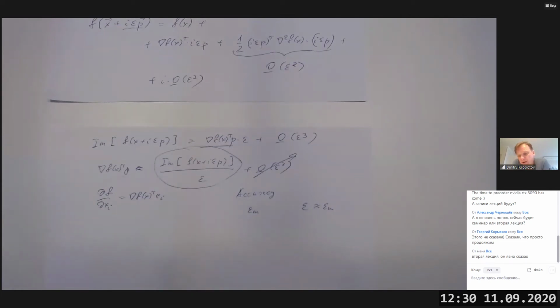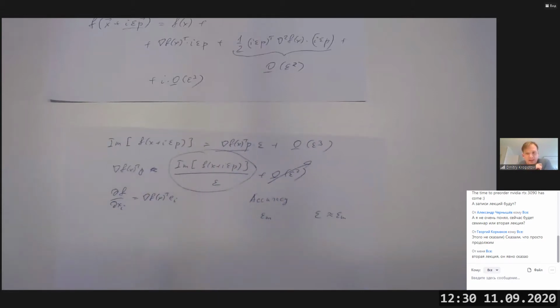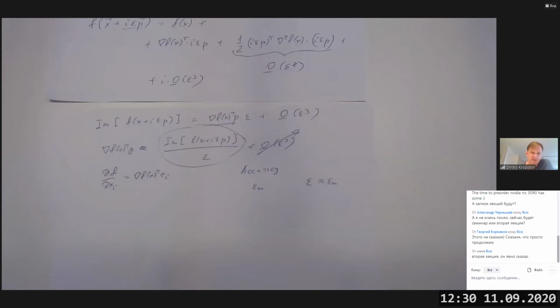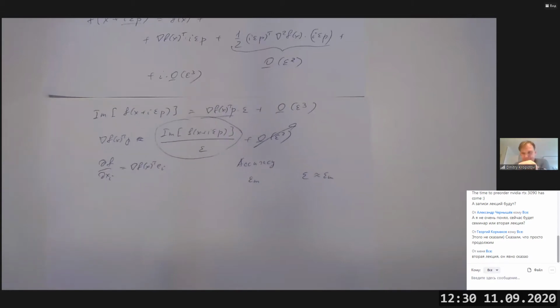So this problem of accuracy is completely solved with this method. However, let's think about the number of calculations that we need in order to find all the components of our gradient.